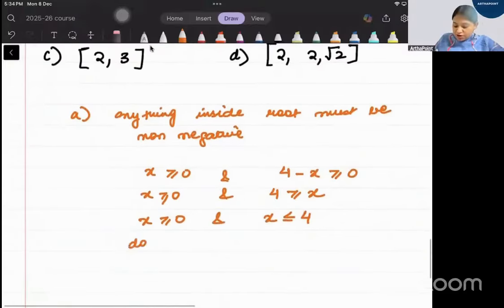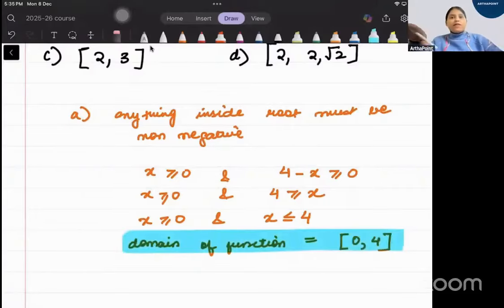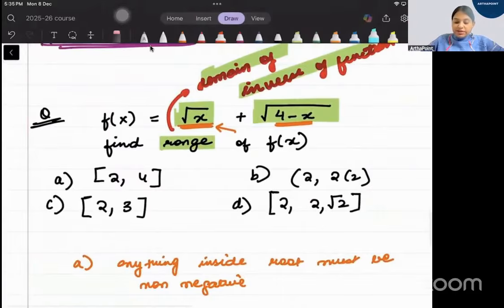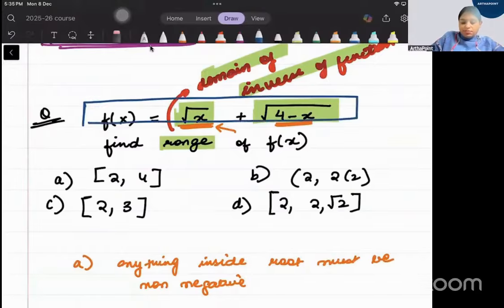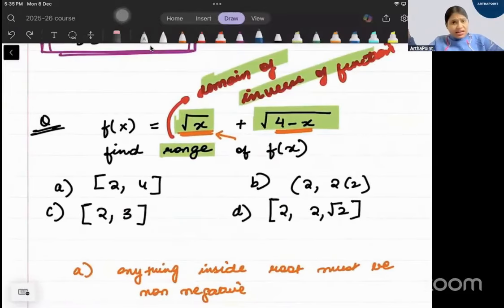So first thing I have understood is that the domain of my function is between 0 to 4. जो x का values इसके अंदर डल सकता है, the values of x that I can plug inside this function, they will be anything between 0 to 4, because it's inside root, और root में I can only put non-negative values. अब आगे समझते हैं.